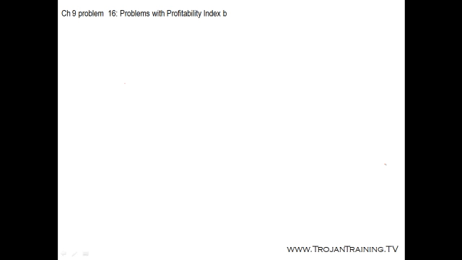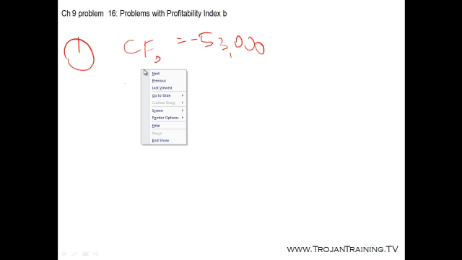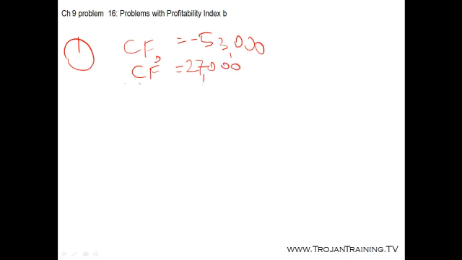Using the TI financial calculator, we'll have the following inputs for project number 1. Cash flow 0 is minus 53,000. Cash flow 1 is 27,000. And F01 is 3 because it repeats 3 times.